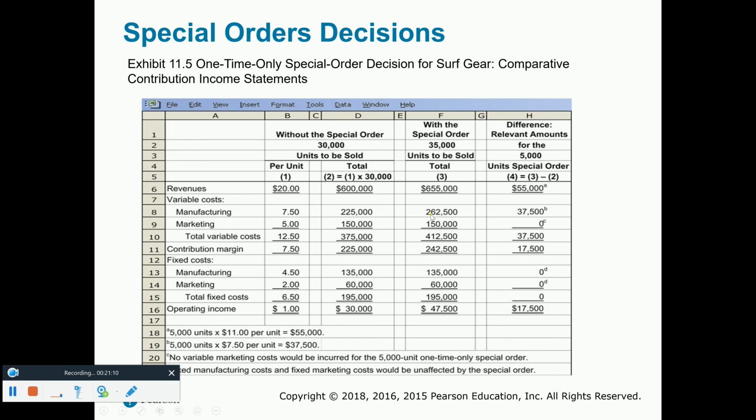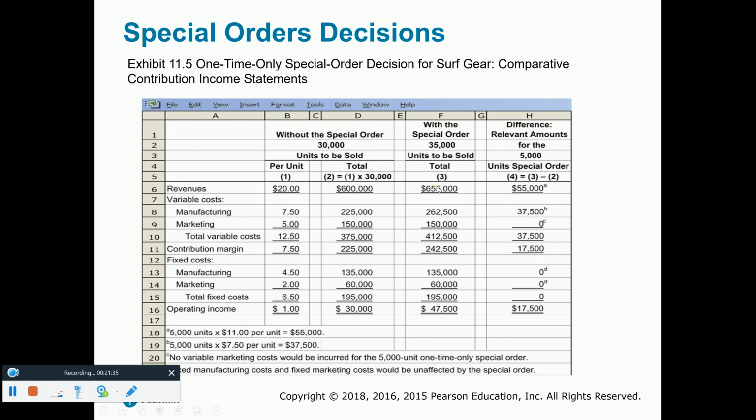Now, if we had an opportunity to get a special order of 5,000 units, but our customer doesn't want to pay $20 per unit. Instead, they want to pay $11 per unit. So we would make not only the $600,000, an additional $11 per unit times an additional 5,000 units, we'd make an additional $55,000.